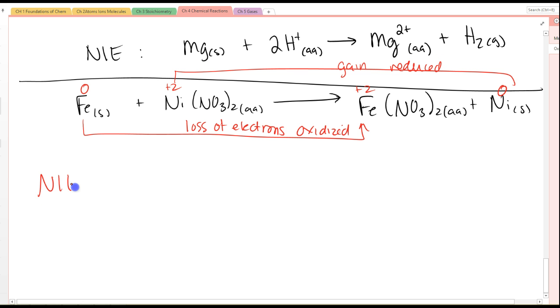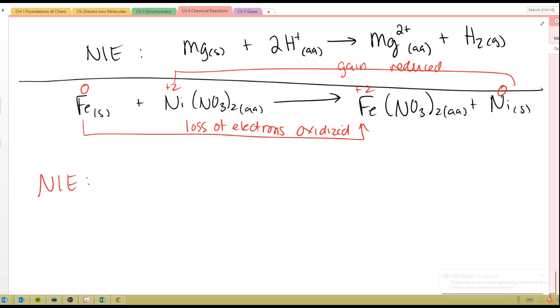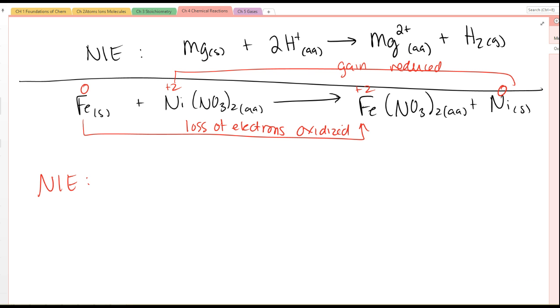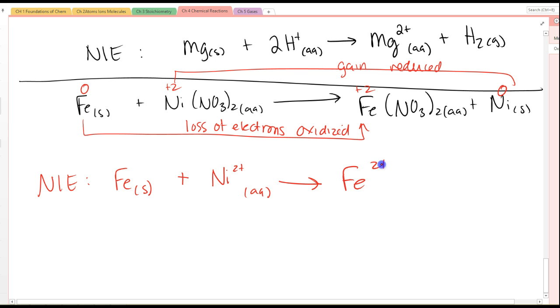And the net ionic equation for this reaction is solid iron plus nickel 2+ ion yields iron 2+ ion plus solid nickel.